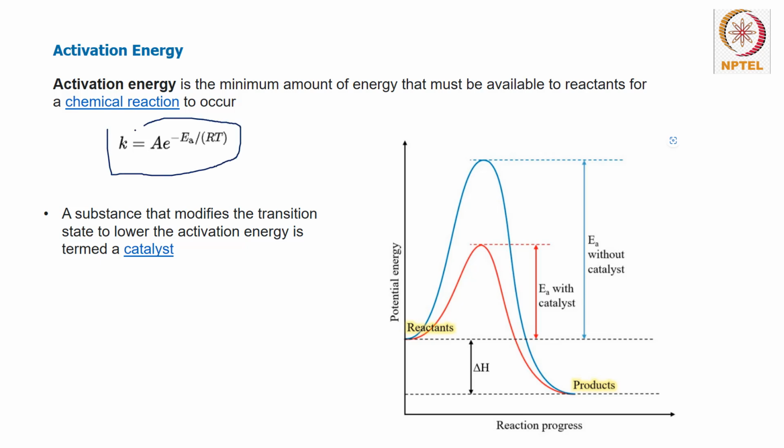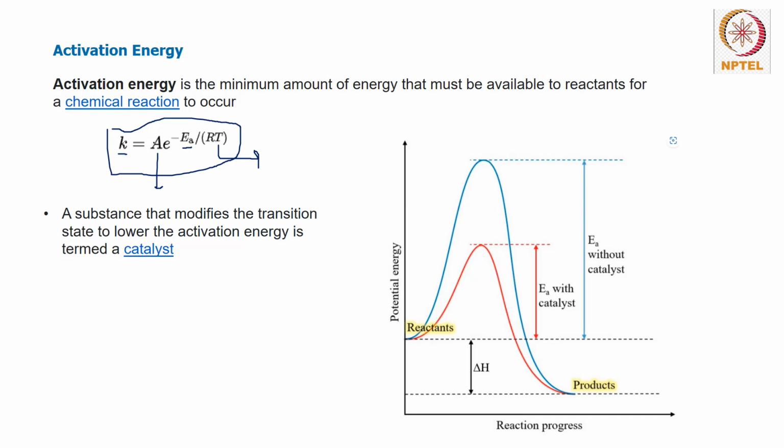Here this is the Arrhenius constant, this is the activation energy, and this is the rate constant. R is also a constant value and this is temperature. So by this equation you can get an idea of the activation energy.